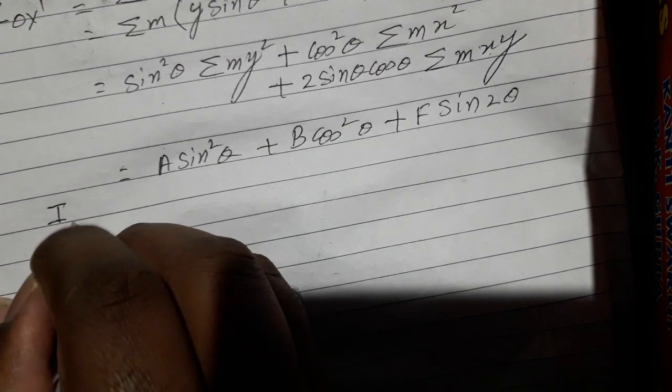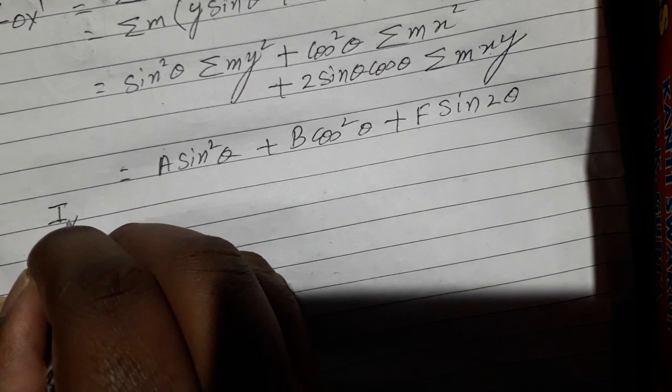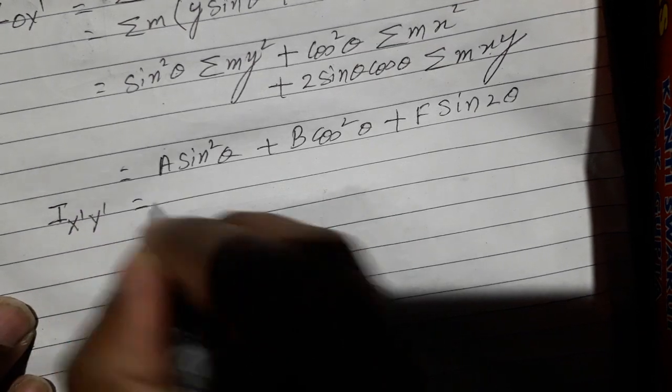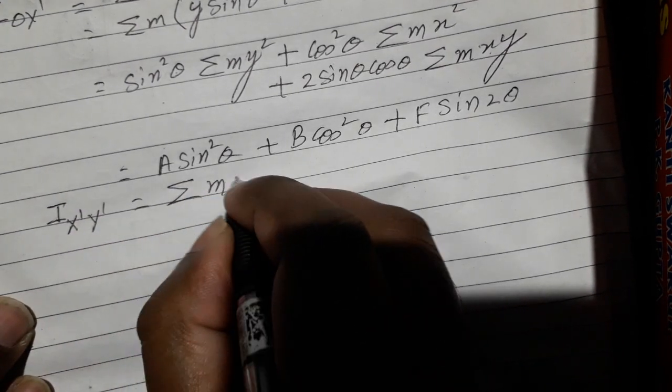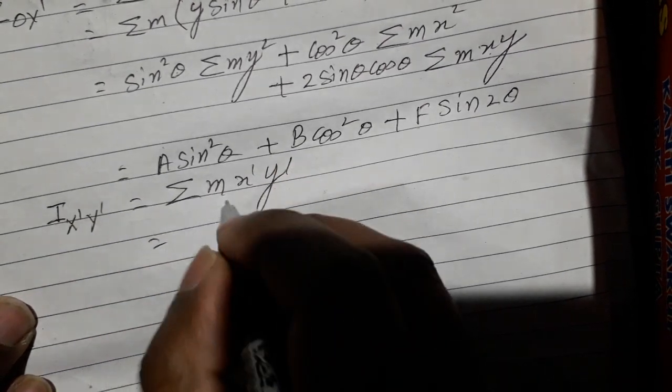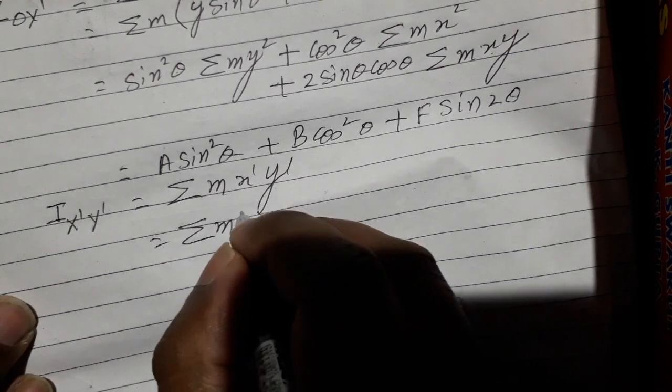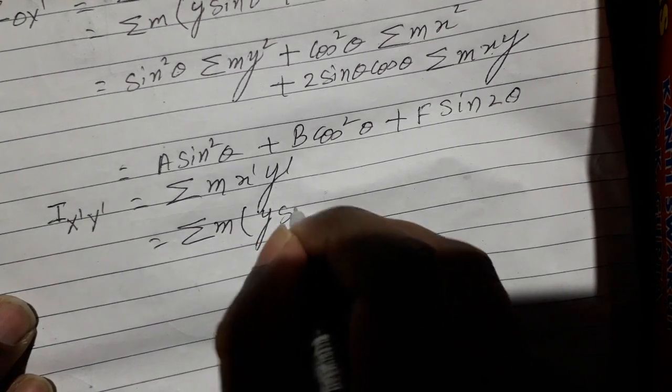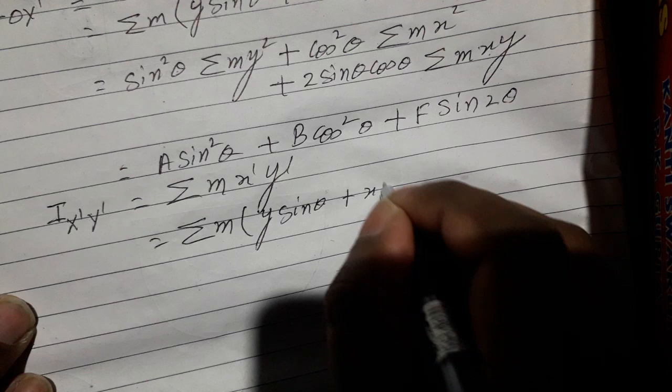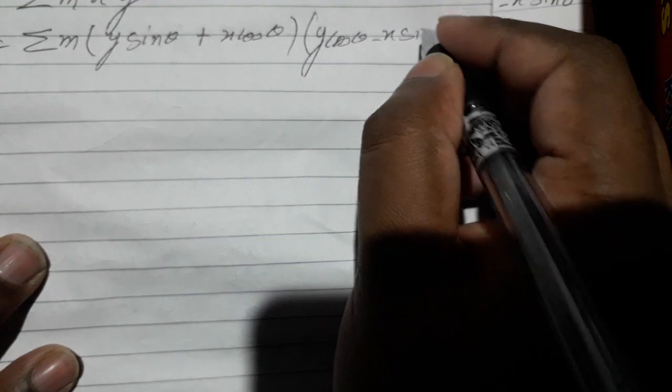Now I will find the product of inertia about the x dash y dash plane. That is summation m x dash y dash. Here x dash is y sine theta plus x cos theta, and y dash is y cos theta minus x sine theta.